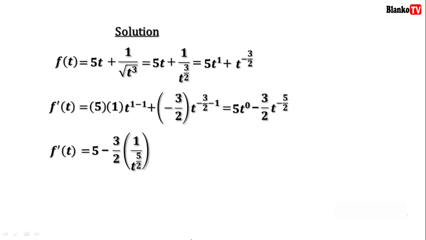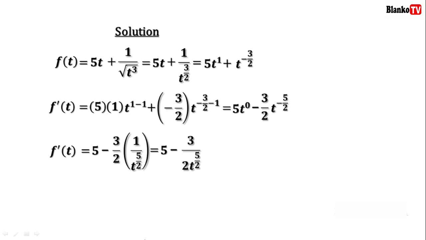Okay, so we have 5 minus, so now 3 multiplies 1 to be 3 over 2 multiplies t raised to the power 5 over 2 to be 2t raised to the power what? 5 over 2. So we have 3 over 2t raised to the power 5 over 2.